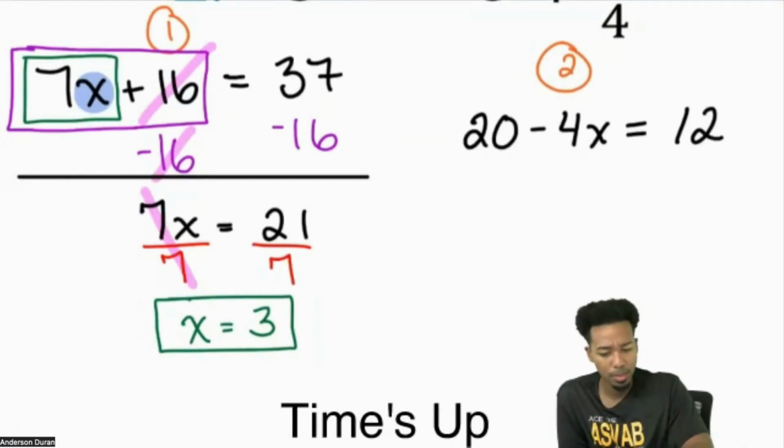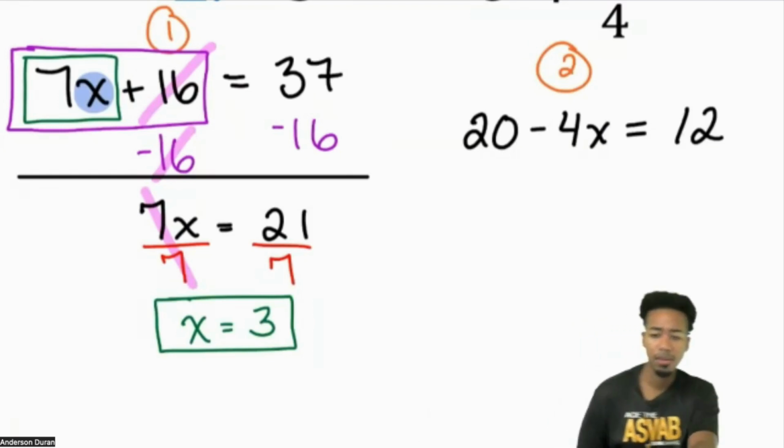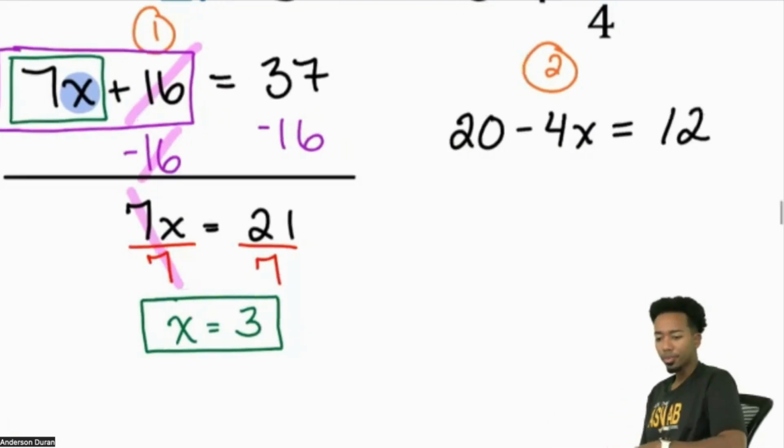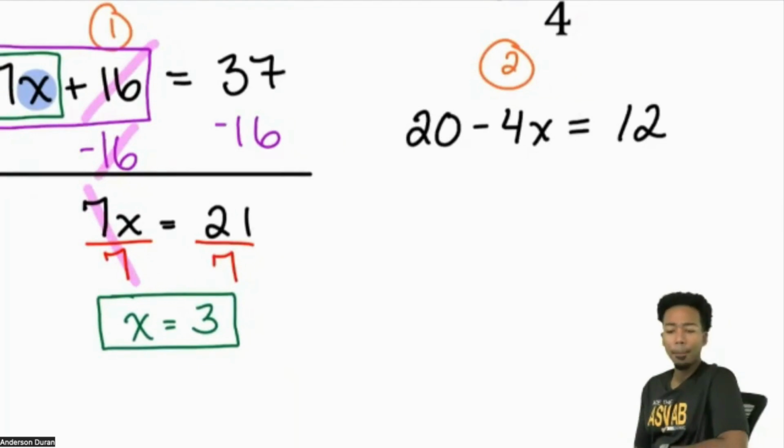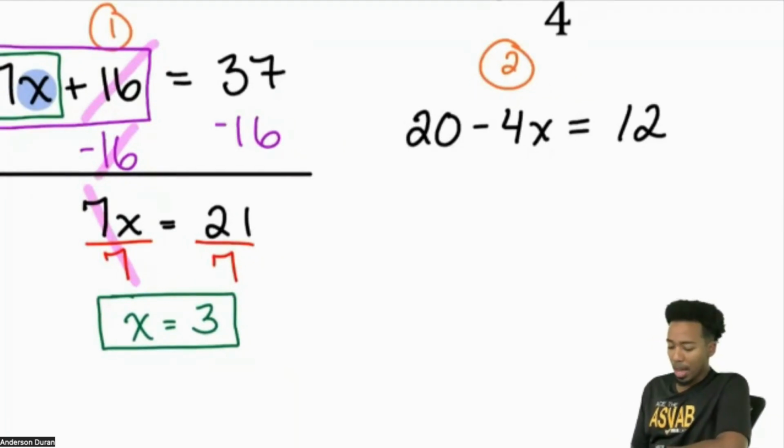Let me get rid of the timer here and let's get back into this. Number 2. Now, number 2, we have 20 minus 4x equals 12. Now, I want to invite you guys to think about this in more ways than just one, okay?